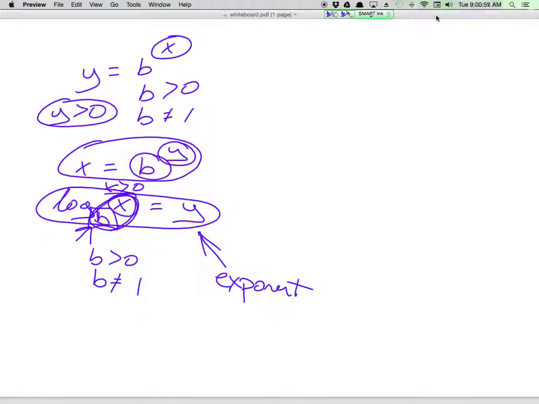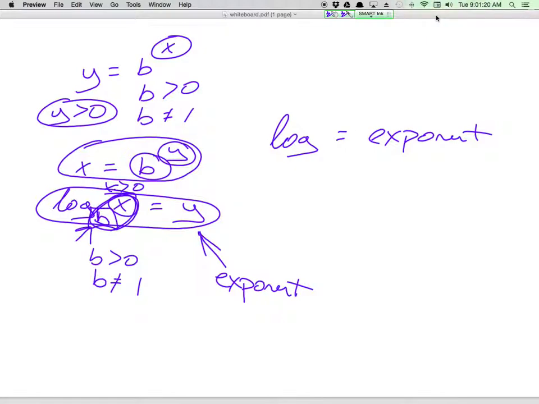So when I evaluate a log expression, what does the number that it equals represent? It equals the exponent. So we need to get in our head that a log equals an exponent. If I'm evaluating a log, I'm searching for an exponent value.